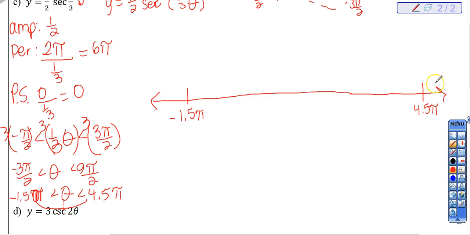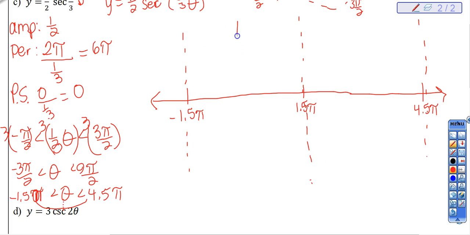That's a distance of 6 pi, that's the period. And so half of 6 pi is 3 pi, right? Yes. So if I subtract 3 pi from 4.5 pi, I'm at 1.5 pi. So you can see a distance of 3 pi in both directions. True? And so I'm going to have an asymptote here, and an asymptote here, and an asymptote in the middle.